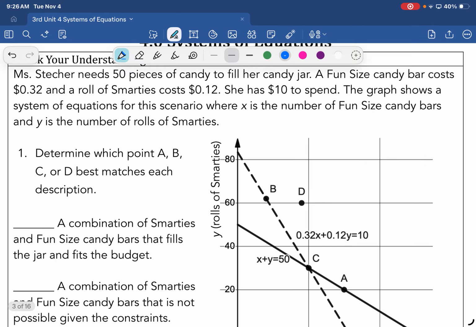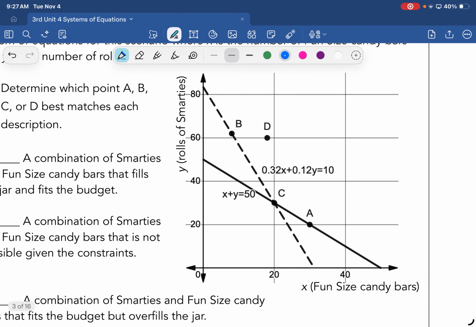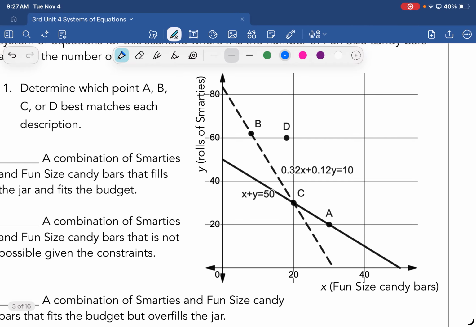All right, so Ms. Stetcher needs 50 pieces of candy to fill her candy jar. A fun-sized candy bar costs 32 cents, and a roll of Smarties costs 12 cents. She has $10 to spend. The graph shows a system of equations for this scenario where x is the number of fun-sized candy bars and y is the number of Smarties. So let's first talk about what equation is what. The dashed line is the equation 0.32x plus 0.12y equals 10.